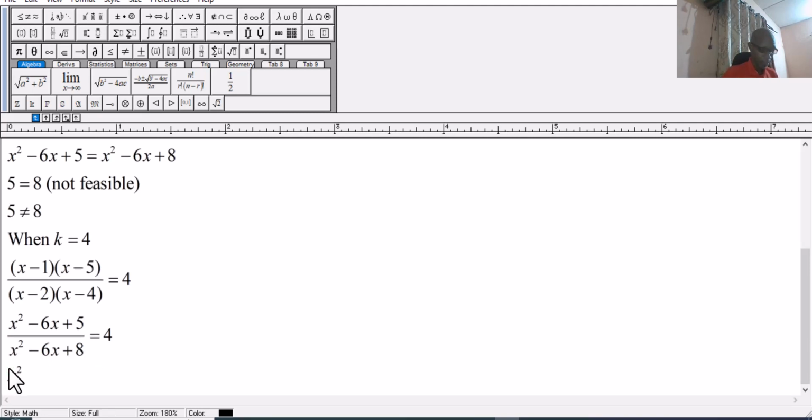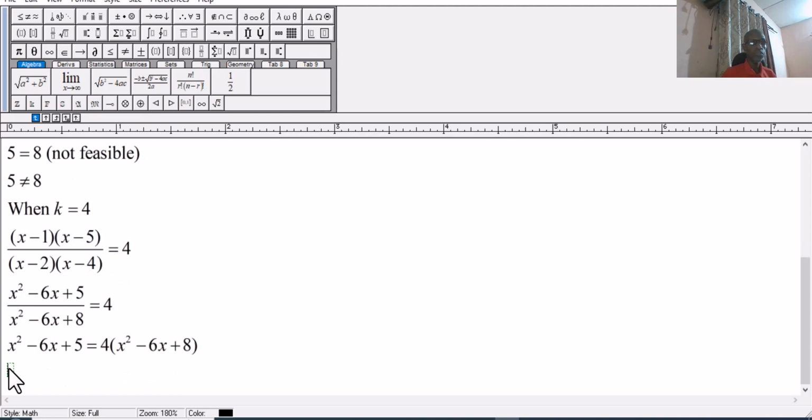So x squared minus 6x plus 5 equals 4 times x squared minus 6x plus 8. So x squared minus 6x plus 5 equals 4x squared minus 24x plus 32.